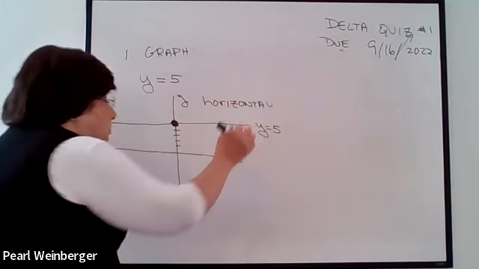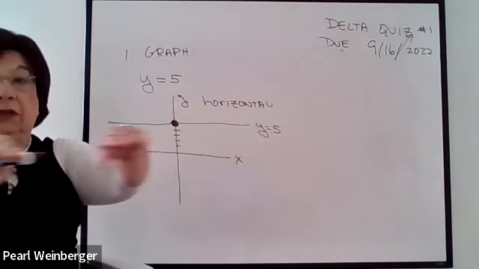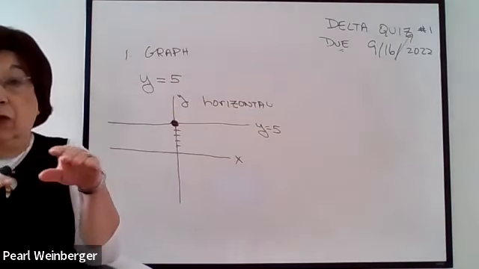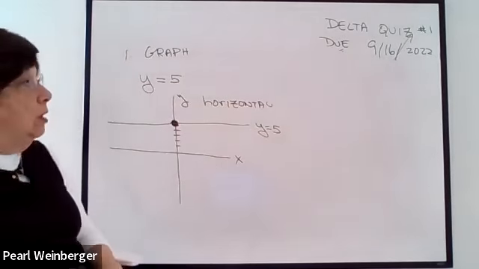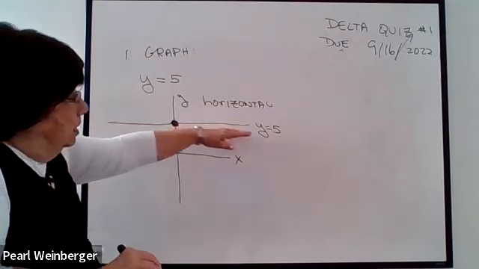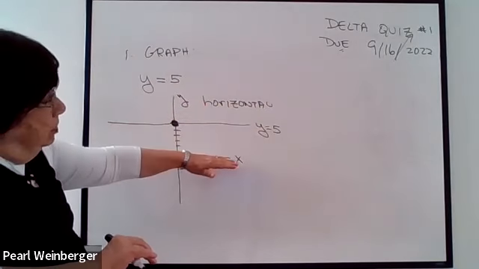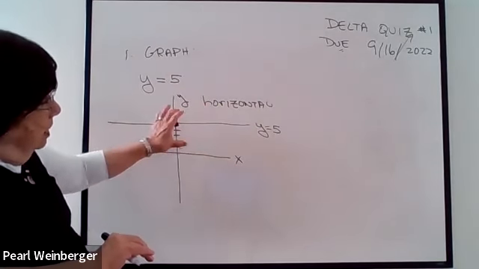You know what horizontal means? It means go straight across, like the horizon. If you go out to the seashore and you look at the horizon, it's straight across. This is a horizontal line. It's parallel to the x-axis.